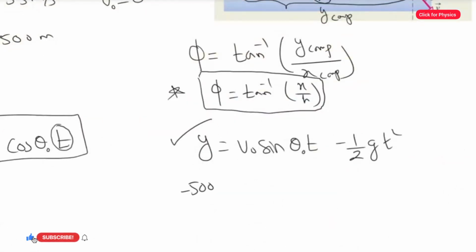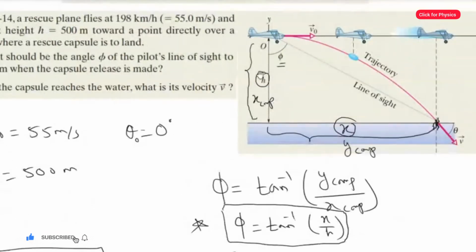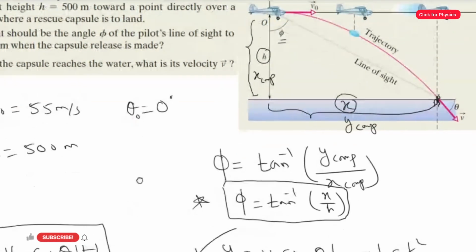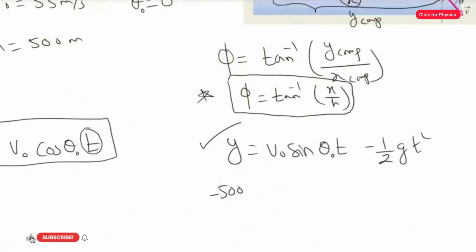Because from the aeroplane to the surface of the water, they clearly mentioned h is 500. With respect to the x-axis and y-axis, the upside is positive y and the downside is negative y, so we consider h as 500 for this calculation. That's the reason I put 500 here.